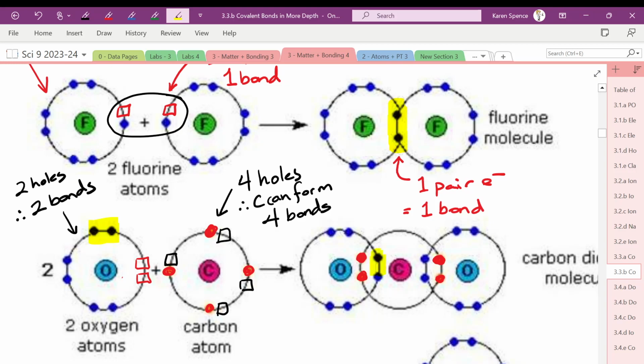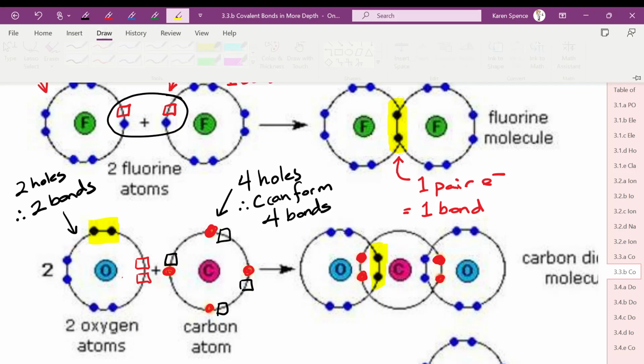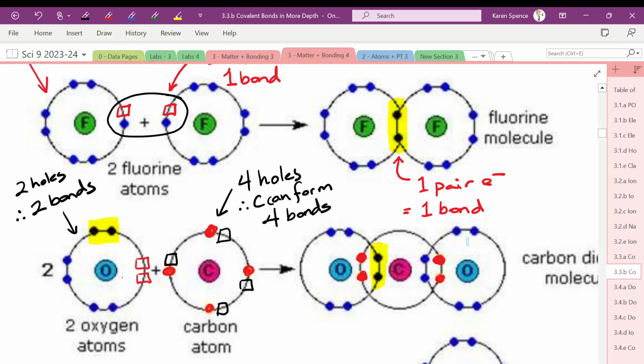So maybe these 2 are here, and then these 2 are here, or something like that. No, I've done it wrong. Oh, it's because there's no other oxygen atoms shown. Never mind.